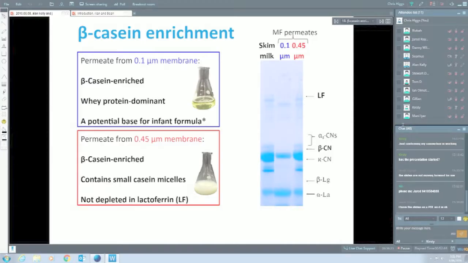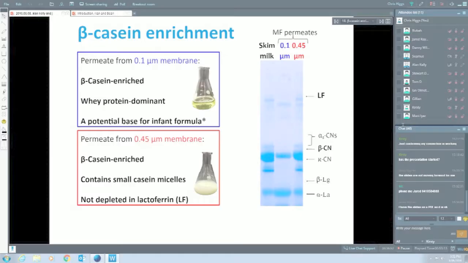It does still contain the native whey proteins, beta-lac and alpha-lac, but as you can see from the gel, it contains a lot of the other caseins in addition to beta casein. So alpha S casein is in there and kappa casein is in there. So essentially what's present in that permeate fraction is small casein micelles. So we've selectively fractionated the smaller casein micelles into the permeate fraction along with the native whey proteins.